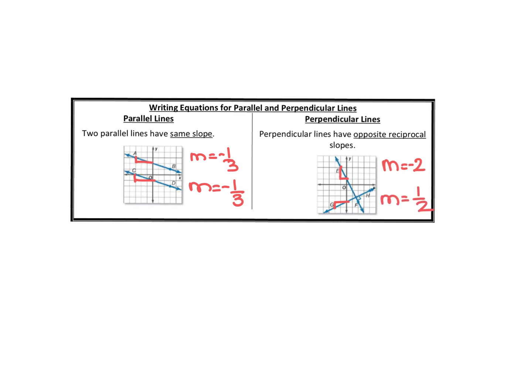Now I want to point out that when we say opposite reciprocal, the opposite of negative is positive. Notice how the second line's slope is positive. And then the reciprocal of our first slope, 2 all over 1, the reciprocal or the flip, is 1 all over 2. So this would make it a perpendicular slope.